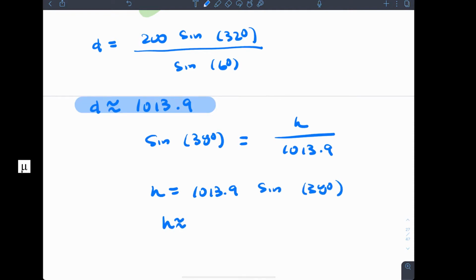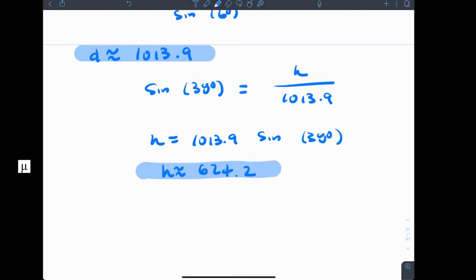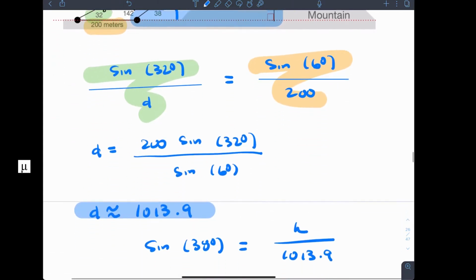What is H going to be approximately? 624.2 is the H. And there you go, 624.2.